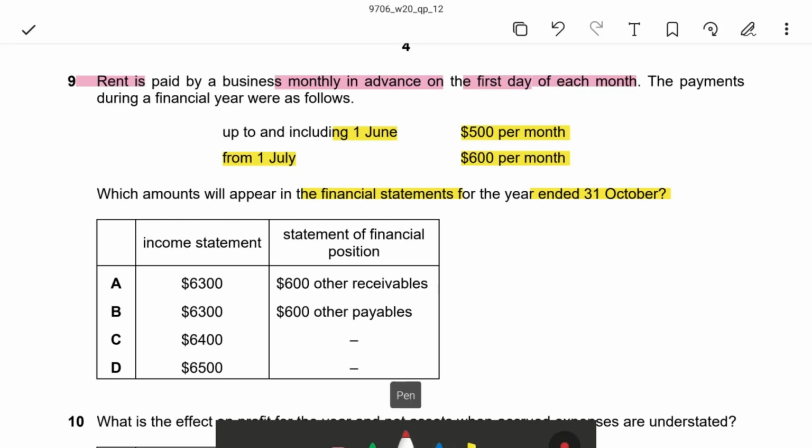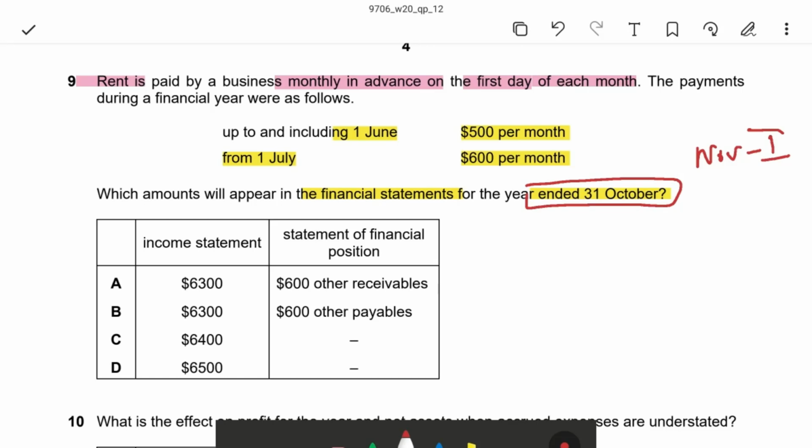So, if the account is closing on 31st October, it must have started from November 1st of the last year. So, we have to calculate what is the amount shown on the income statement and statement of financial position. Here, the question doesn't say any amount is prepaid or accrued.